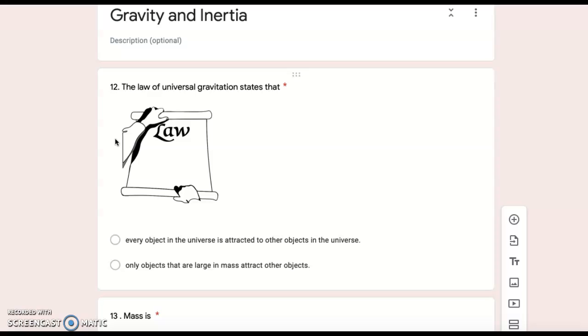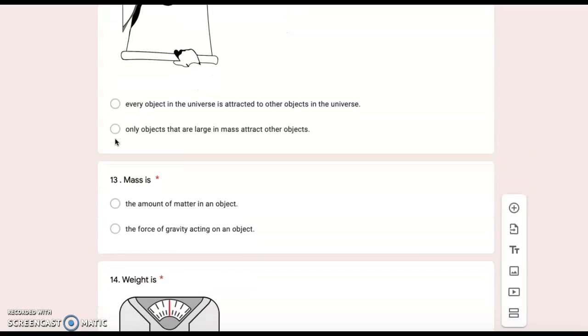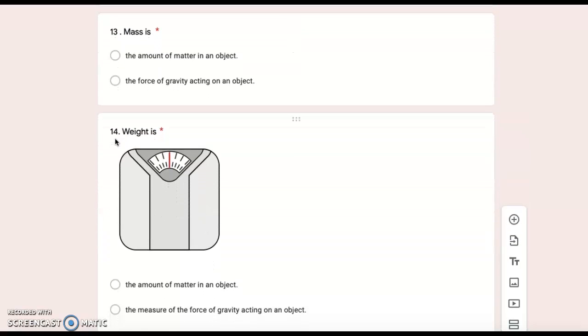Number 12. The law of universal gravitation states that every object in the universe is attracted to other objects in the universe. Only objects that are large in mass attract other objects. Number 13.